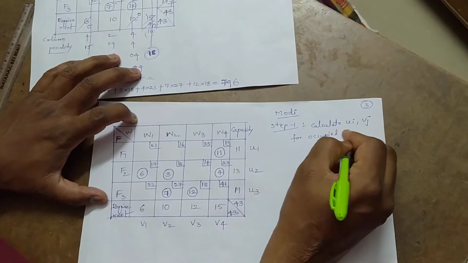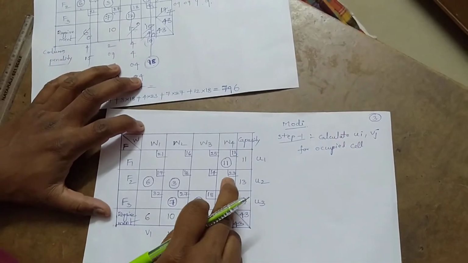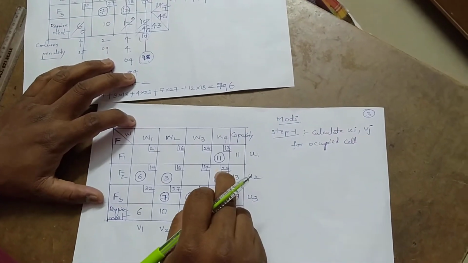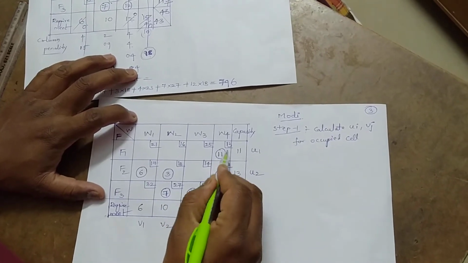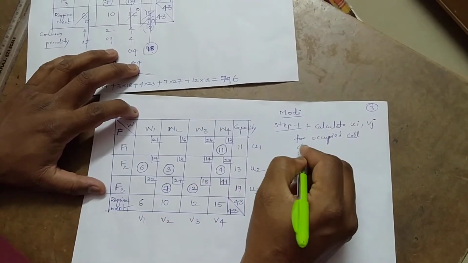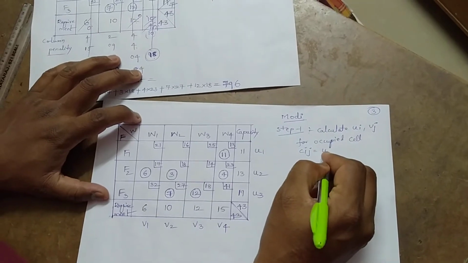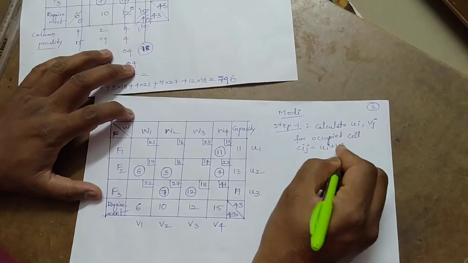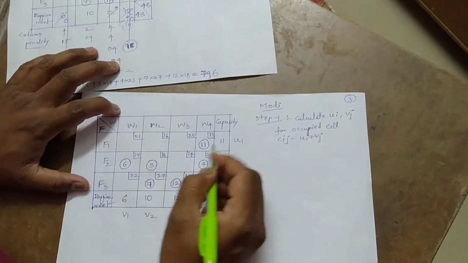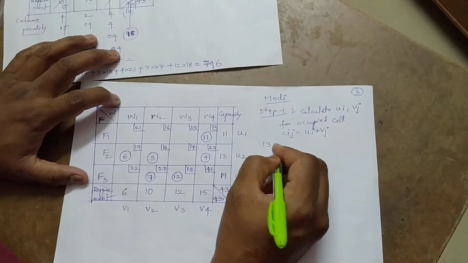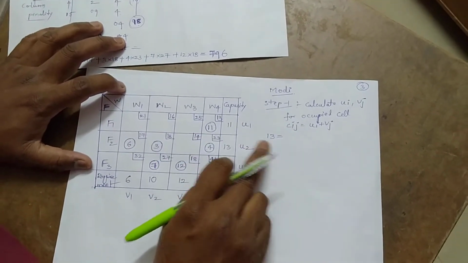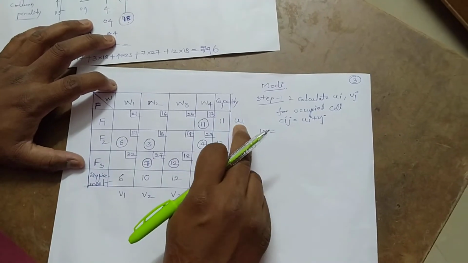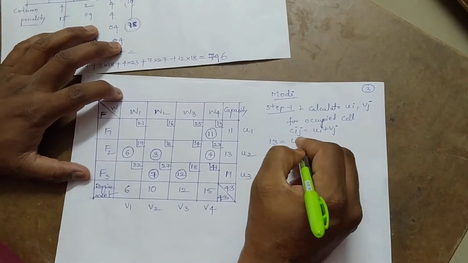Please listen. For every occupied cell, the formula is Cij equals ui plus vj. Accordingly, for the first cell, it will be 13 equals u1 plus v4.